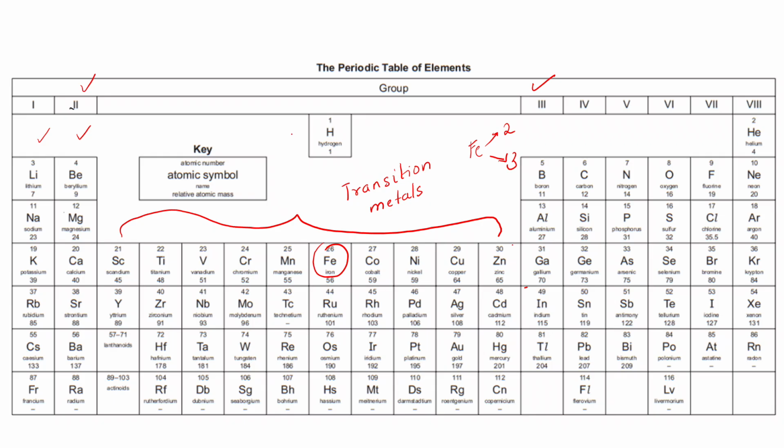The reason as to why transition metals can do this while others can't goes beyond the scope of the syllabus. But if you do intend to take chemistry in IBDP, you will definitely understand as to why transition metals can lose electrons from two energy levels.